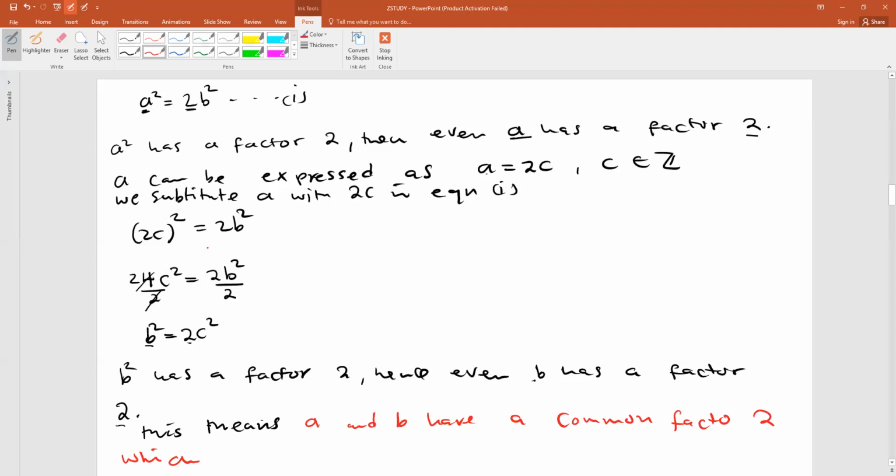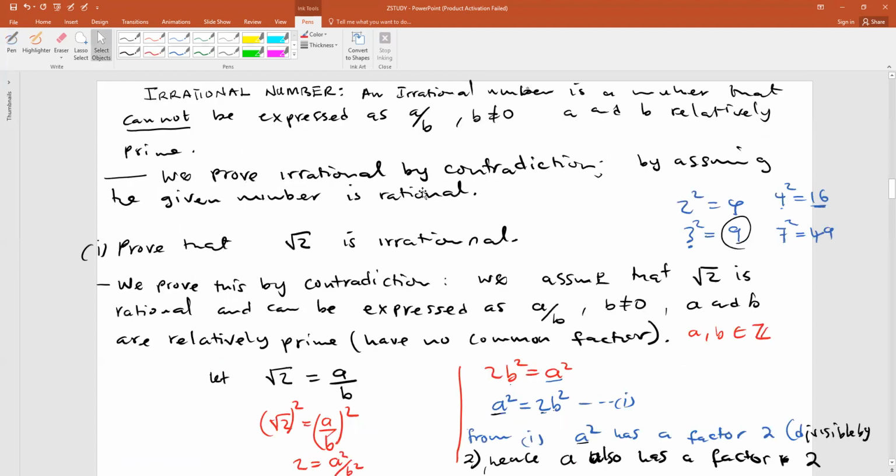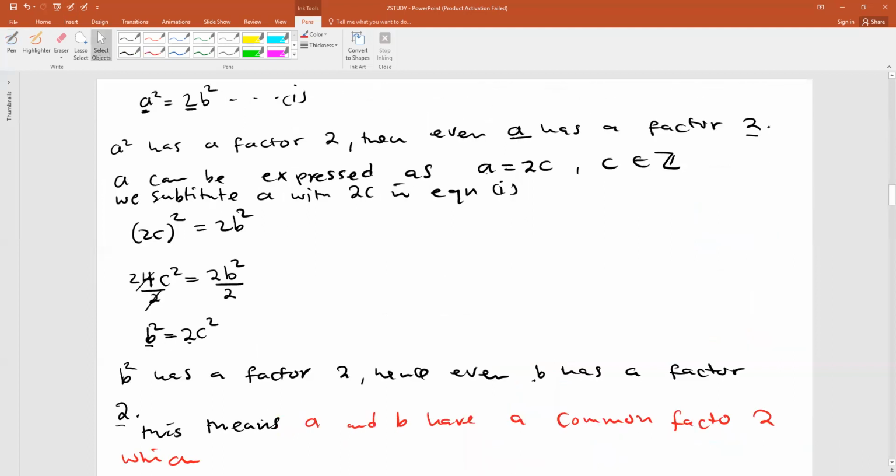Now, before I make a statement there, let's go to the previous page. We made an assumption that a and b, remember, that's why I told you this statement always needs to be there. We said a and b are relatively prime, and we said they have no common factor. But we've just seen that they have a factor 2. So if they have a factor 2, we have a contradiction.